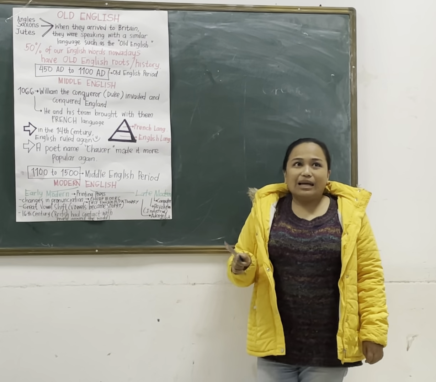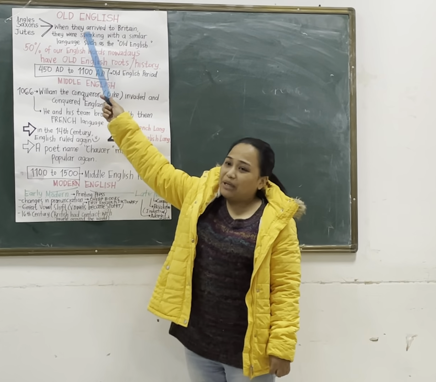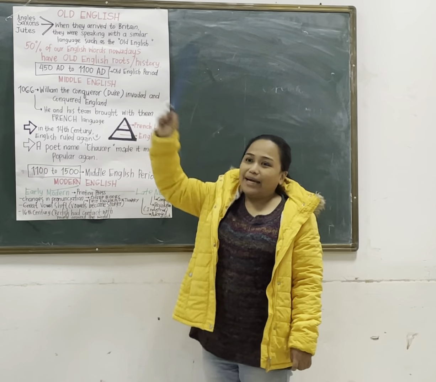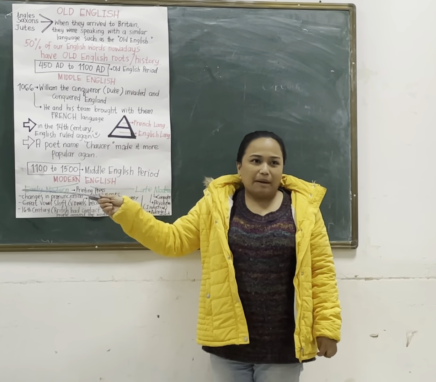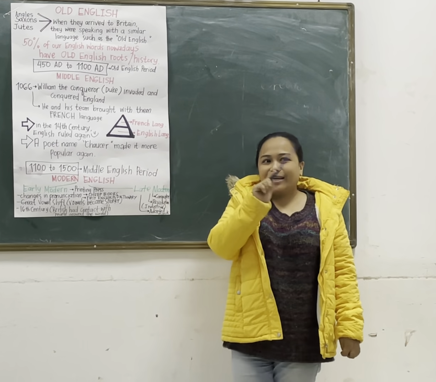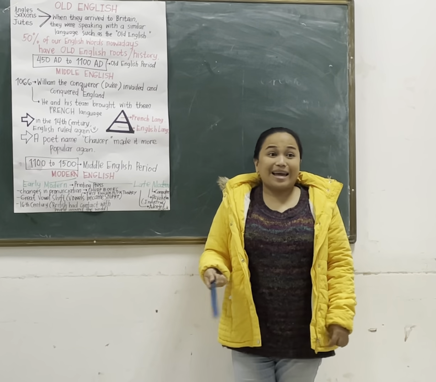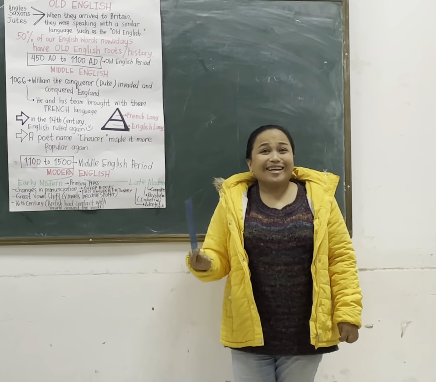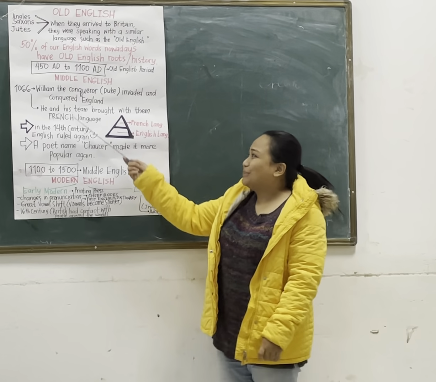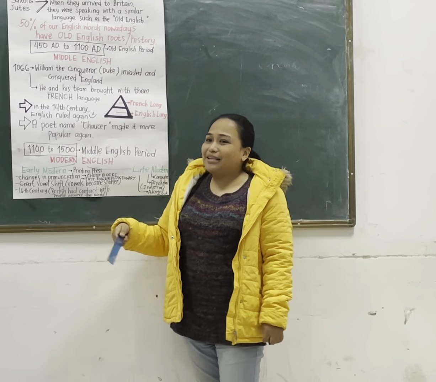So when they came, English was very popular because they had changed from Celtic to Englaland to English. Then karma came. What is karma?